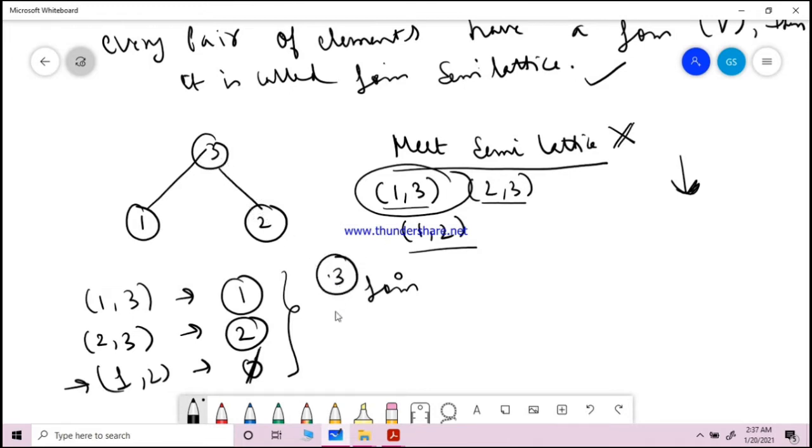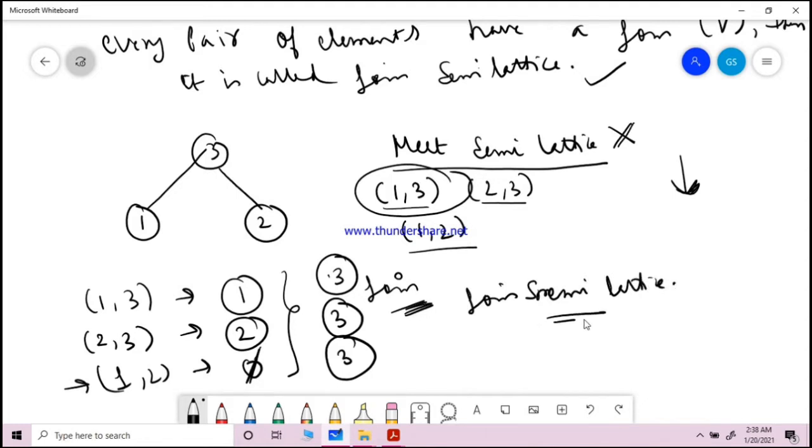For 2 and 3, the upper bound will be 3. For 1 and 2, the upper bound will be 3. So this is a join semilattice, but not a meet semilattice. Let's take another example.